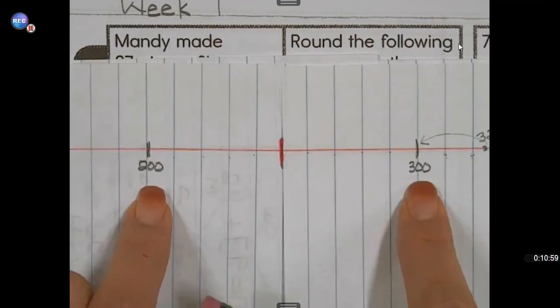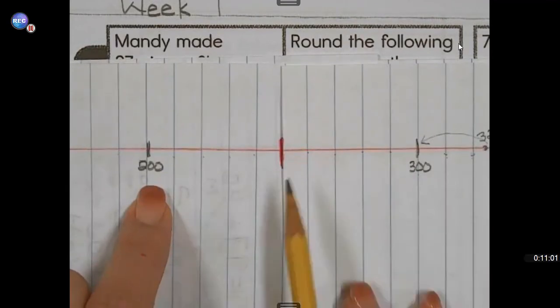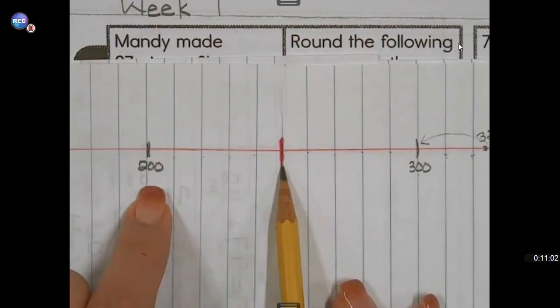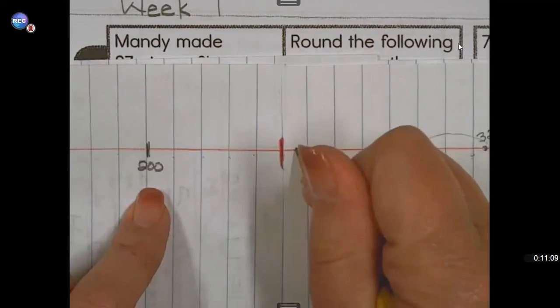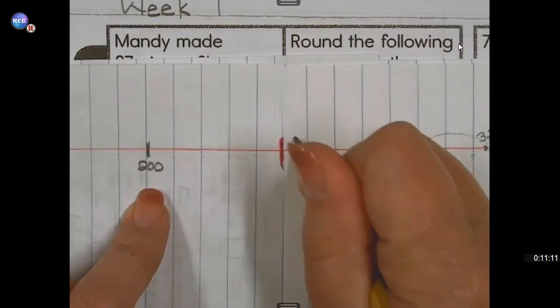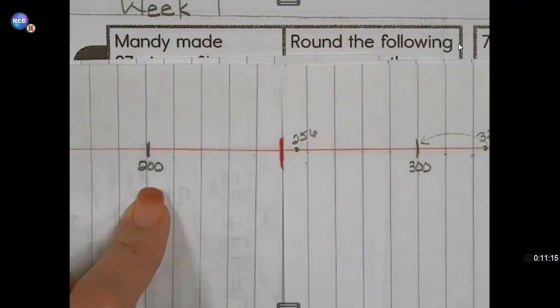Now, 256, well, we know this red mark is going to be 250. The next blue line is 260. So it must be right around here somewhere at 256. So we're going to label that.